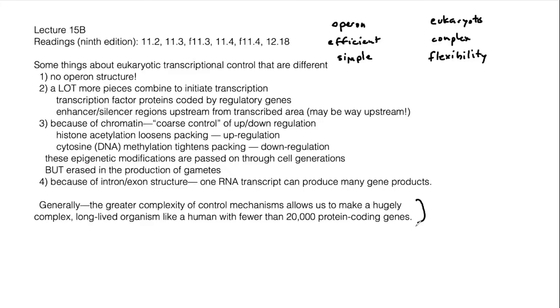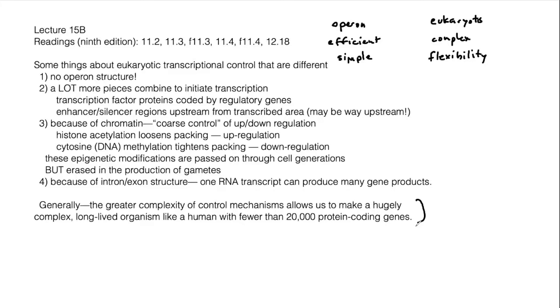So if we thought that the minimum threshold for the genome complexity would have to be about 100,000 genes, and we find less than 20,000 protein coding genes, that's a pretty huge shock, right? If we're actually getting all of that bang for our buck with only 20,000 protein coding genes, you might say that's the ultimate in efficiency.